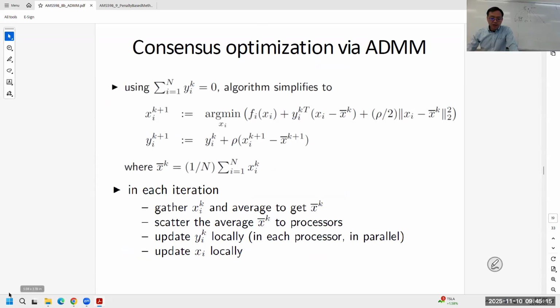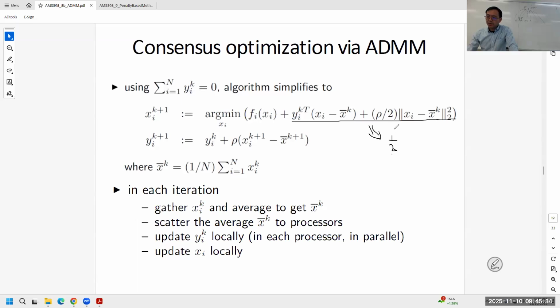So if you look at the last two terms, as we see now, you have a quadratic term and a linear term. These two terms can be put together.